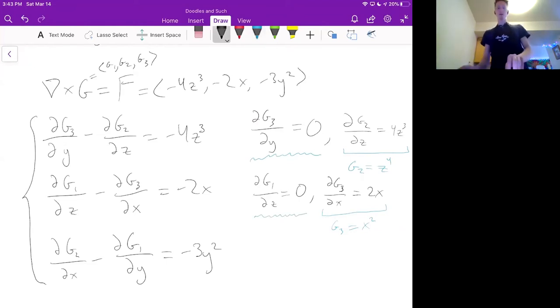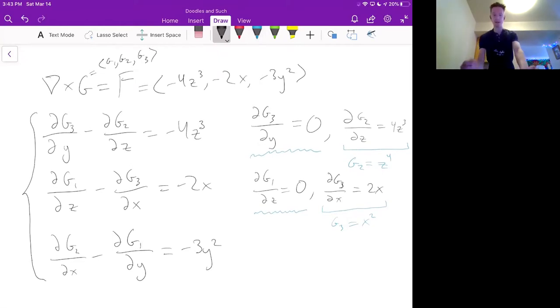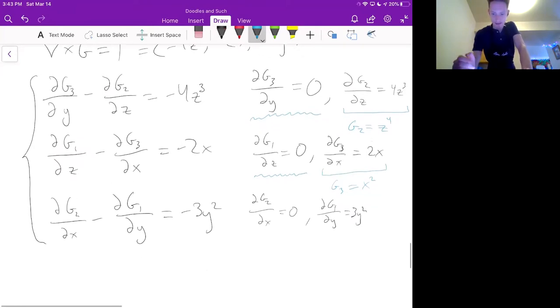So in the next equation, in exactly the same way, it would be convenient if I could have partial g2 partial x equals 0 and partial g1 partial y be 3y squared. That would be nice. And in the same way, I know how to set this up. It'd be cool if I could have g1 be y cubed. And this works.